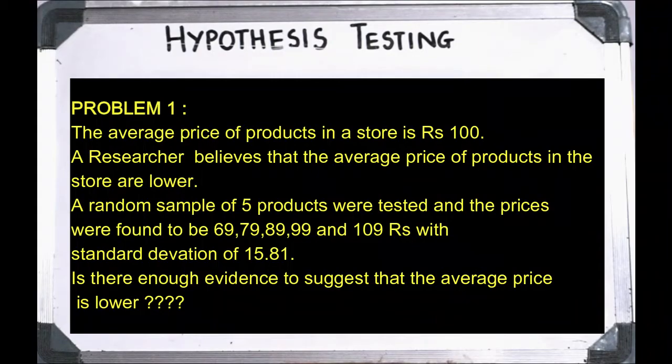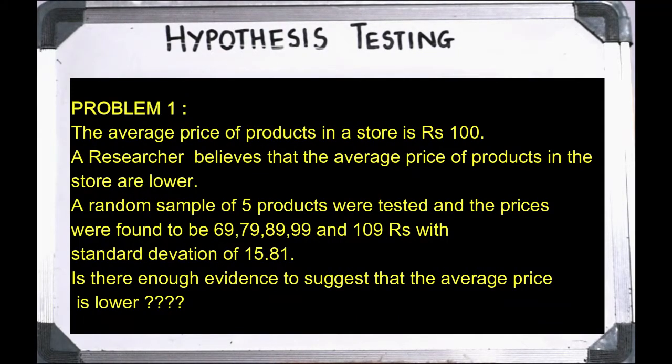Now friends, let us go through the question that is shown on the board. The average price of products in a store is 100 rupees. A researcher believes that the average price of the products is lower than 100. A random sample of 5 products was tested.